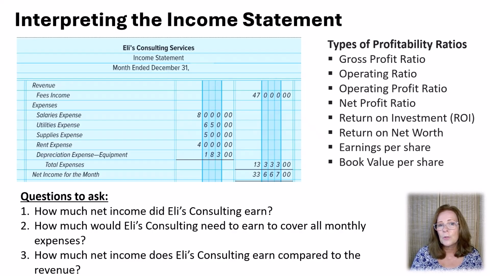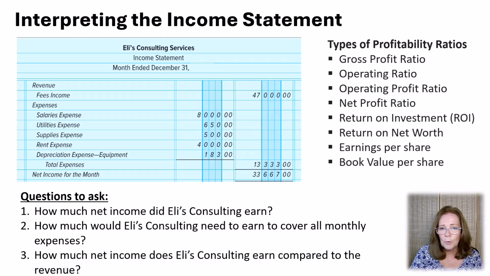What other questions could we ask? As accountants, it's important to make financial statements easy to understand for the users of those financial statements. In addition to looking at only one accounting period, in future months we would want to compare the monthly income statement to the prior month and see how the expenses and the revenue differ.